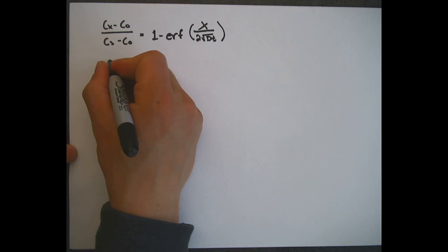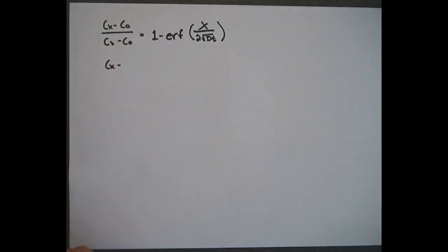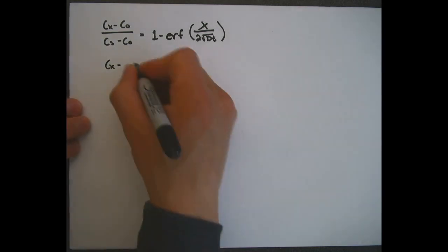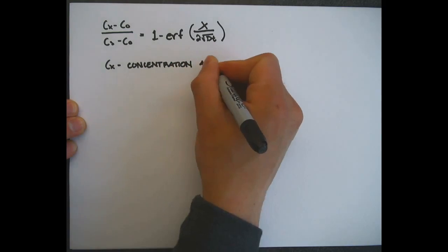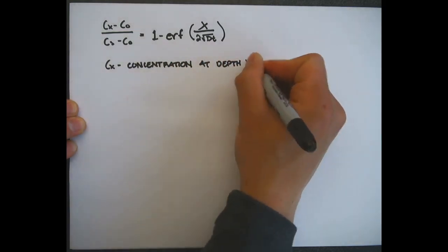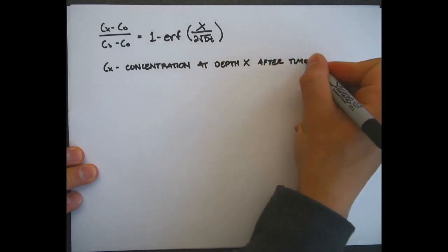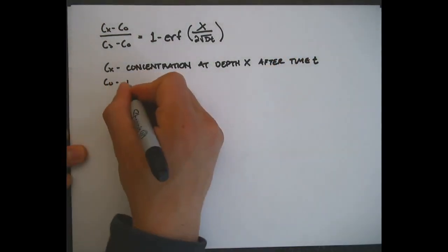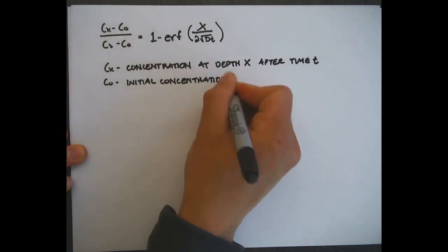Now, you may be wondering what these variables stand for. Well, C sub x is the concentration at a certain depth at a particular time, t. This makes sense because x stands for our depth or position, where C sub x is our concentration at that depth or position. Now, C sub 0 is the initial concentration of the solution.